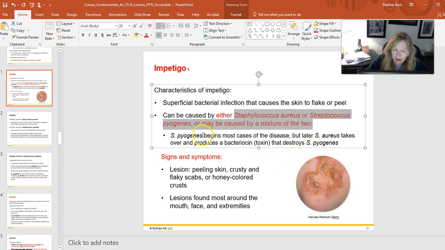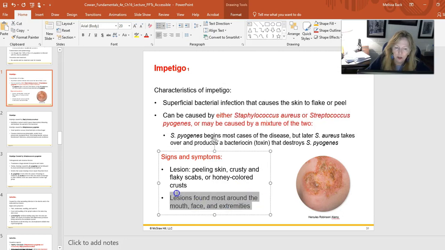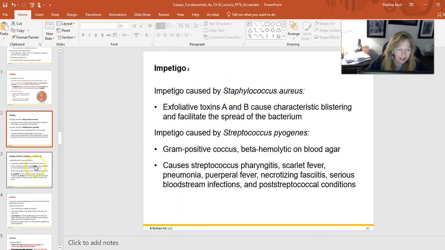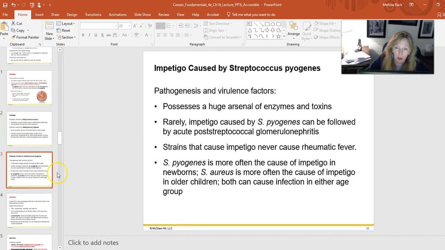So the toxins associated with these two, the virulence factors, can be pretty serious, and it can lead to scarring. It can become even more systemic. So it's going to be very important that this be caught early and treatment started early. So again, this is a bacterial cause, and we would want to make sure we treat it quickly to help limit the spread, limit the scarring, but also limit the potential that this could become more systemic.